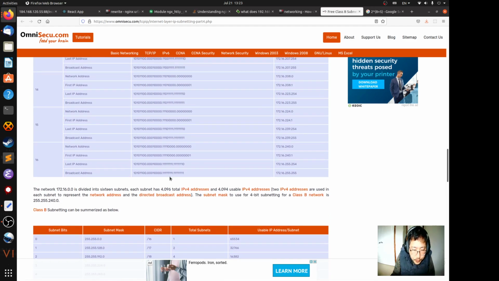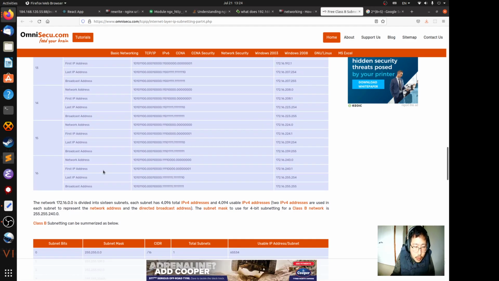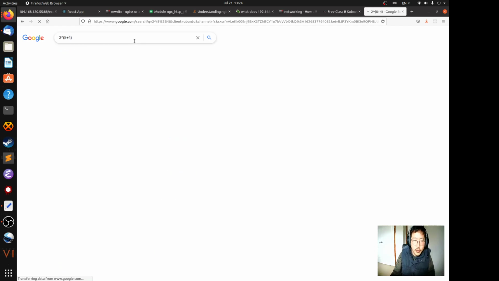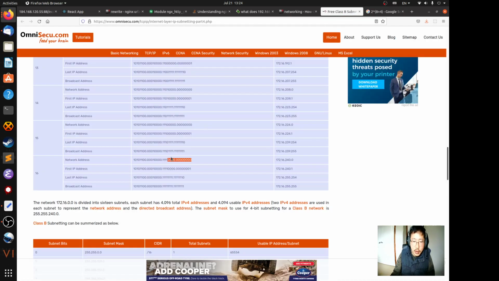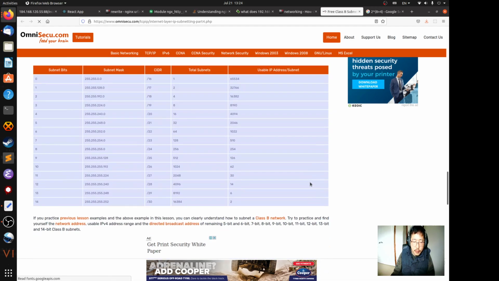Look here. We got this much for the host portion, right? So 8 plus 4. We got just 4,000 possible IP addresses, okay? And also, of course, the usable ones are minus 2. And this is the table for all the possible configurations.